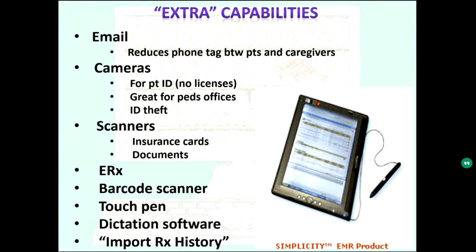There aren't issues with a fax number being busy and things like that. Barcode scanners. If any of you have been to or in a hospital, you know that you get a barcode and you get scanned like a piece of produce, and so does the bag of medication you're going to get and stuff like that. Touch pens used to be a big deal before touch screens came out.